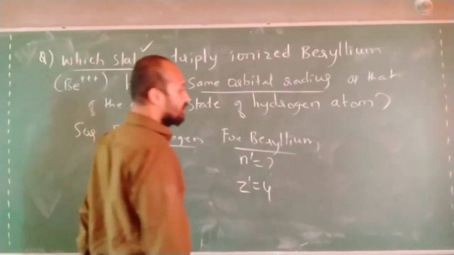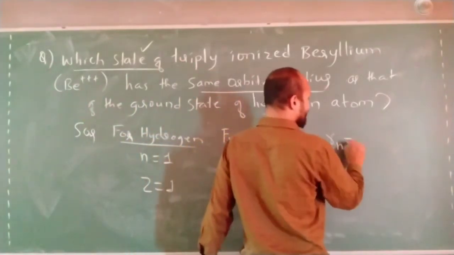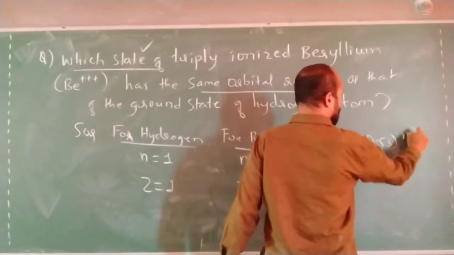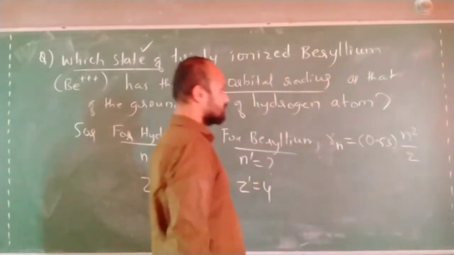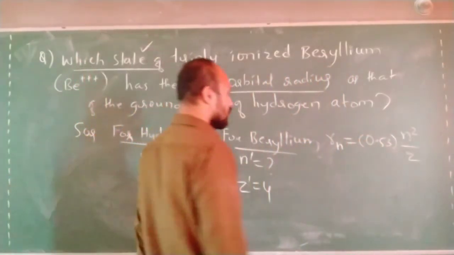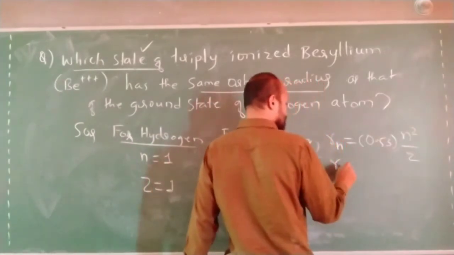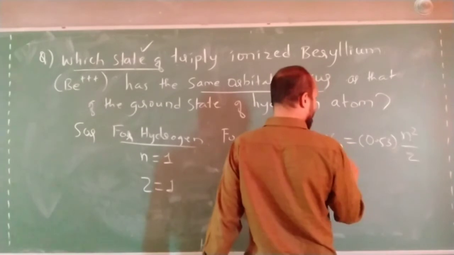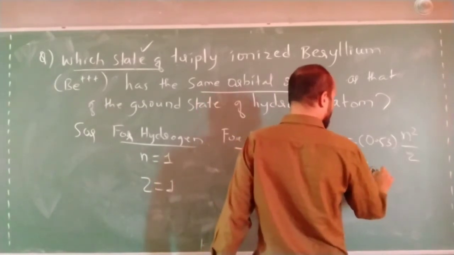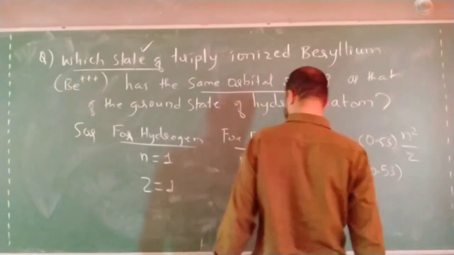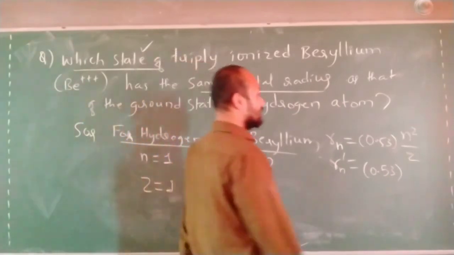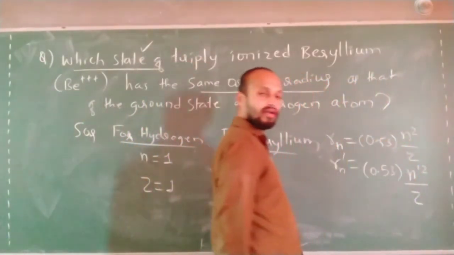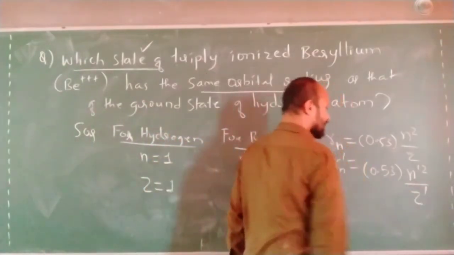See here, we know Rn is equal to 0.53 n square divided by Z. Correct? So Rn dash will be equal to 0.53 into n dash square divided by Z dash.